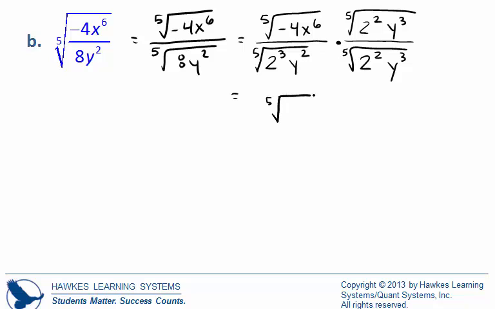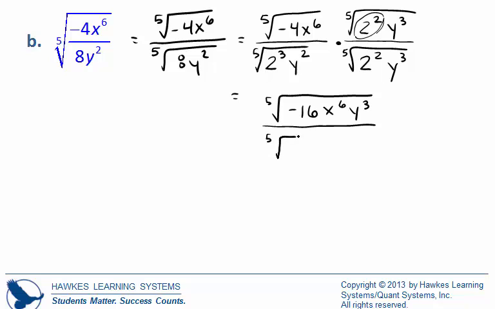On the top, I'm going to combine the 2 radicals. I have a negative 4 and I have a 2 squared. So negative 4 times 2 squared, which is also 4, is going to give me negative 16. X to the 6th, y to the 3rd.